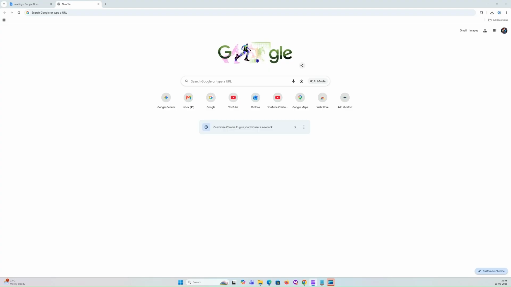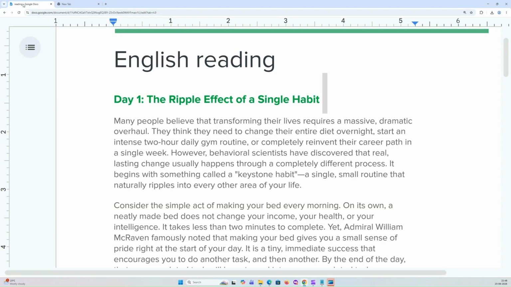Now let's go to the day one of the lesson. So here we have composed a 5 minute reading. It says ripple effect of a single habit.